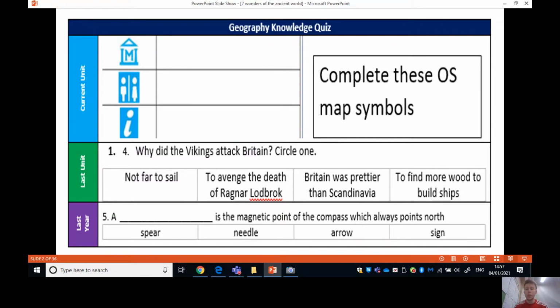There's a couple of symbols from OS maps you need to identify that you should have learned last year in year 4. Then there's a question about our Vikings unit before Christmas, and then finally another question on geography from year 4 as well. So 4 minutes, and as you're doing it, I'm also going to do it with you. So off we go.